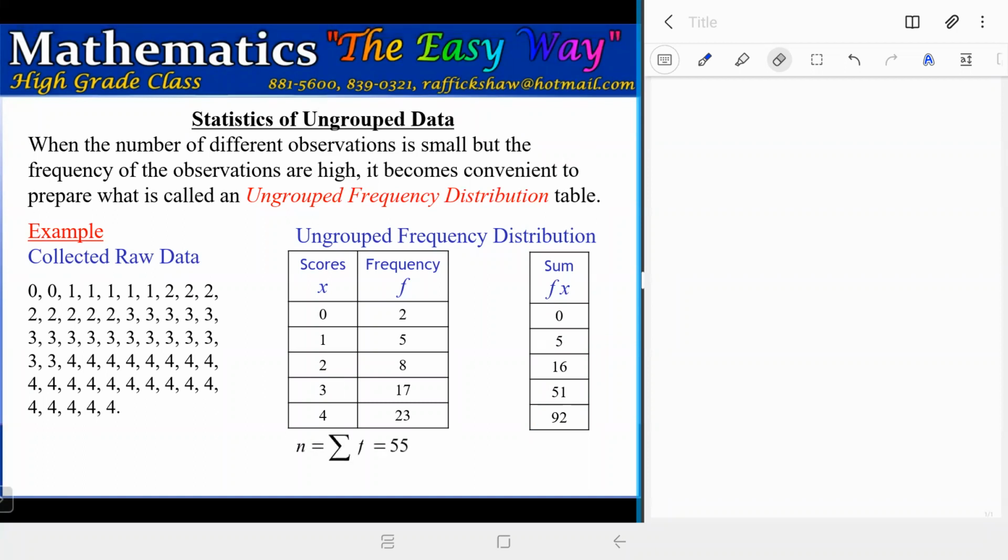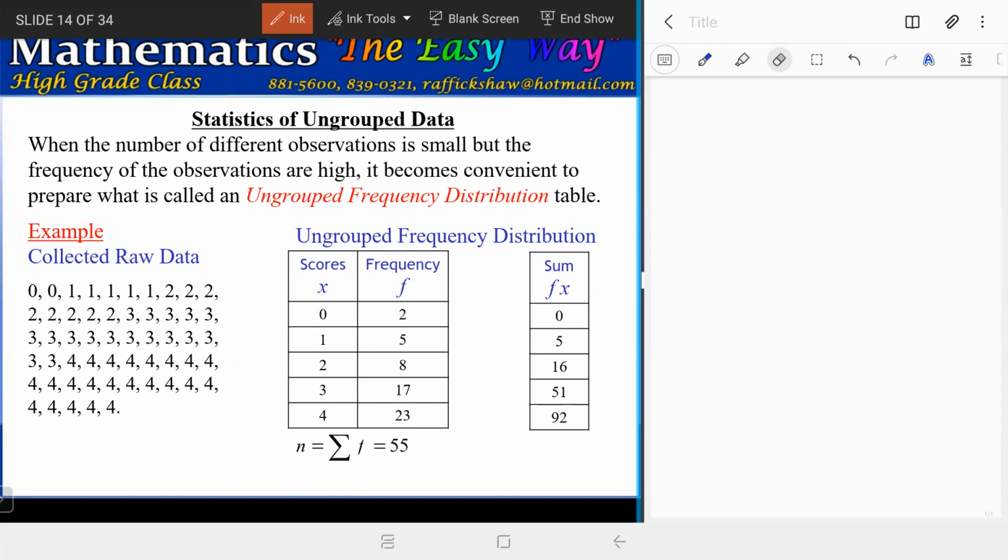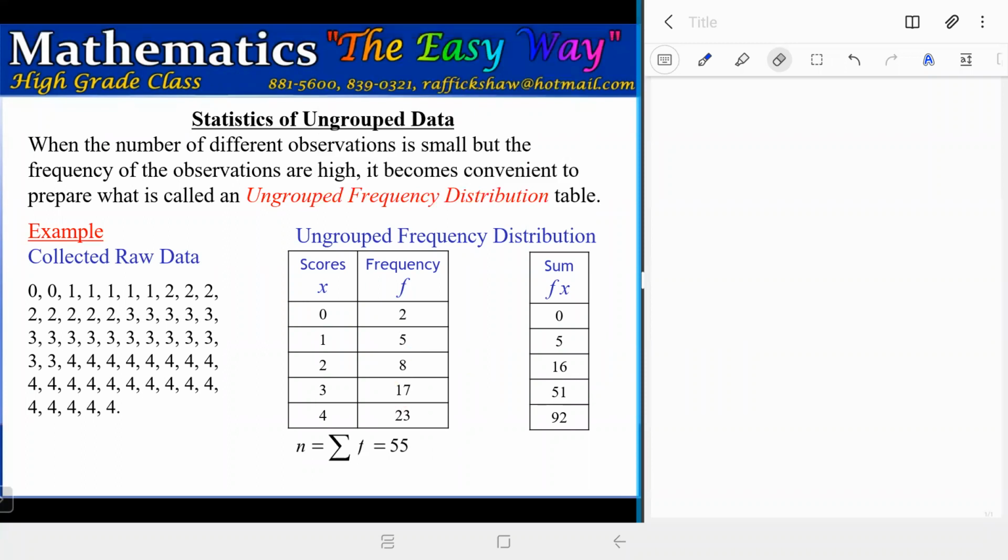Well, this is telling us the number of values. The sum of the frequency gives you the number of values. I have 2 zeros, 5 ones, 8 twos, 17 threes, 23 fours. So you add up these, you're getting the number of values in the distribution, which is 55. Then you can have the sum of all the values.